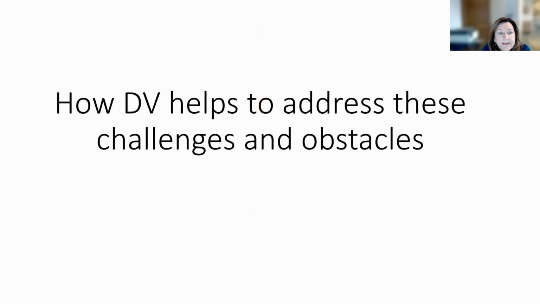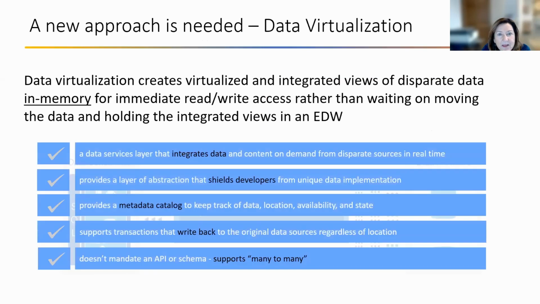So how can data virtualization help to address these challenges, which is the crux of why we're here today? Data virtualization creates virtualized views, which might be self-evident, and integrated views of disparate data in memory for immediate read and write access, so you don't have to wait to move the data or hold the data in integrated views in an enterprise data warehouse.